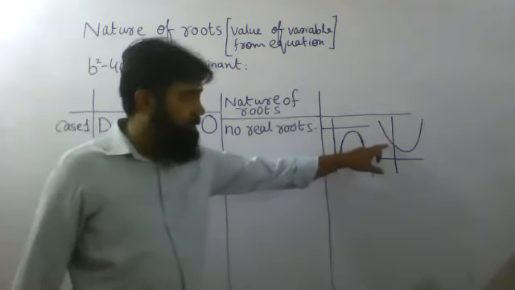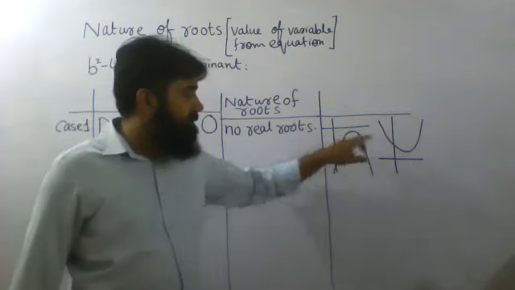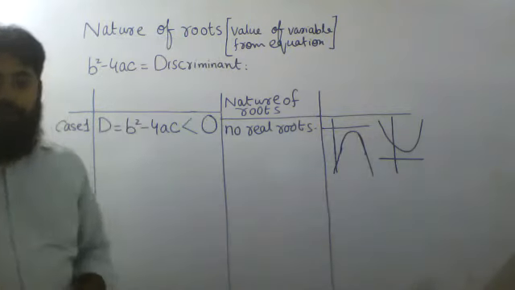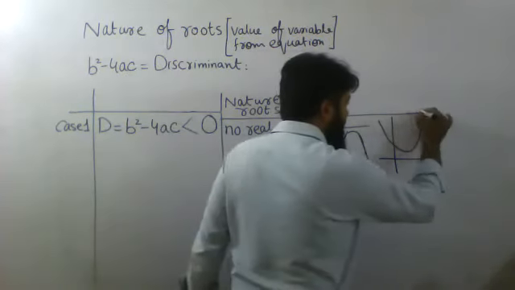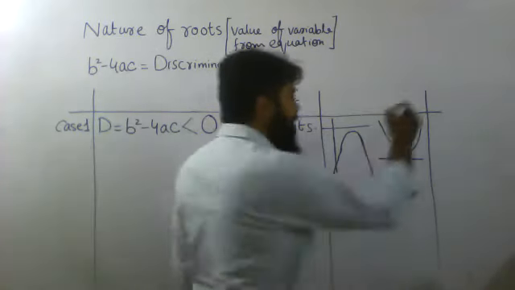Y-intercept will be there, but there will be no x-intercept. There will be no point of intersection with the x-axis. So how many points of intersection am I going to have?